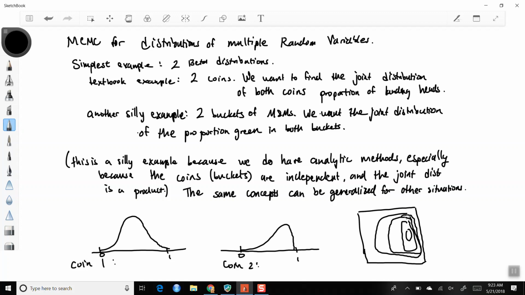Where this axis would be coin 2, and then on this axis is coin 1.